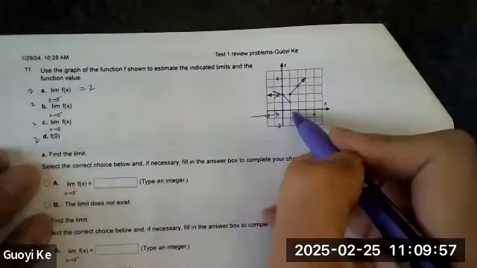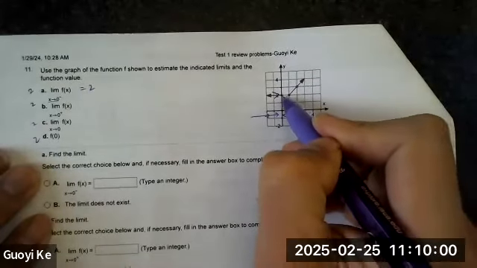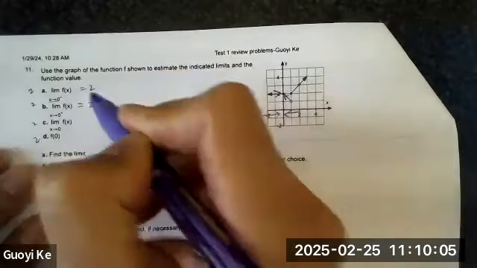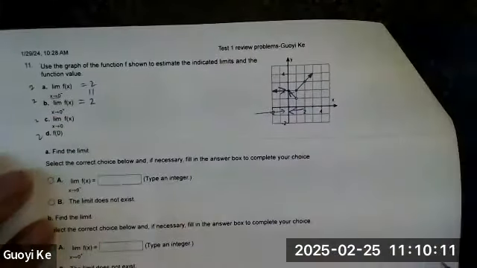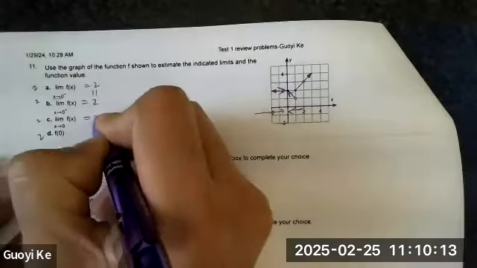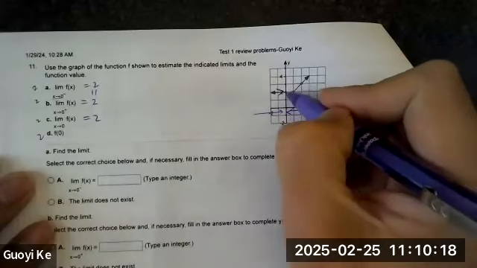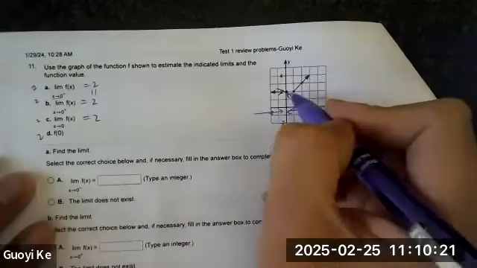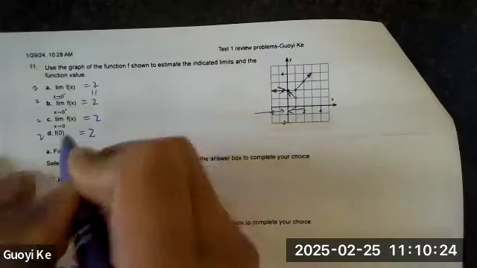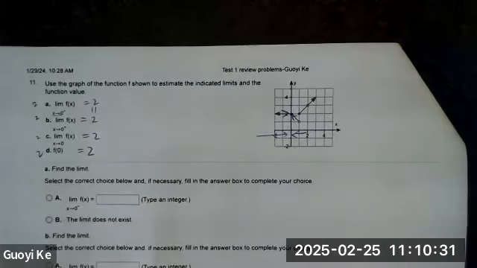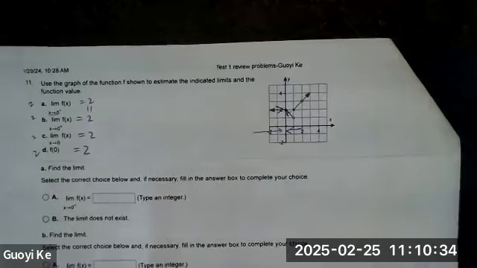X approaches 0 from the right-hand side. We have a curve, right? From the right-hand side it approaches this point, which has y value that is 2. Since these two are equivalent, the limit equals 2. And f(0): draw a vertical line, you will find a solid point here, right? So that guy is 2. That's the problem 11.